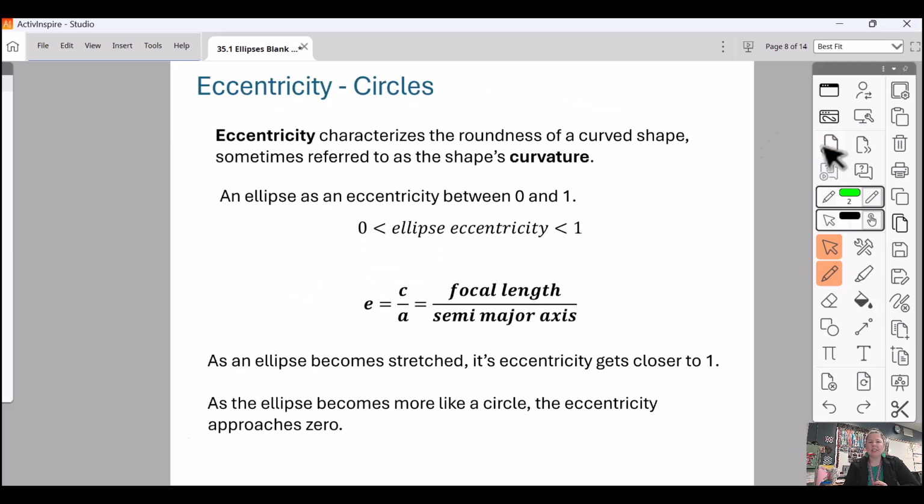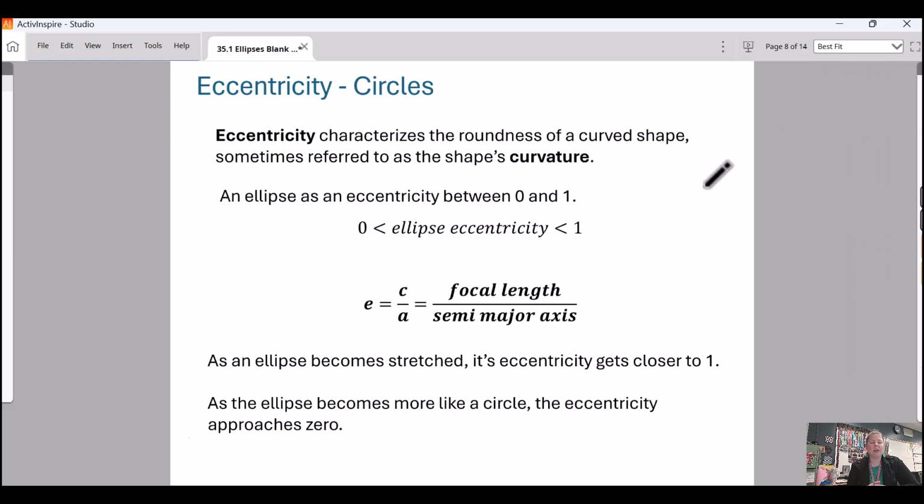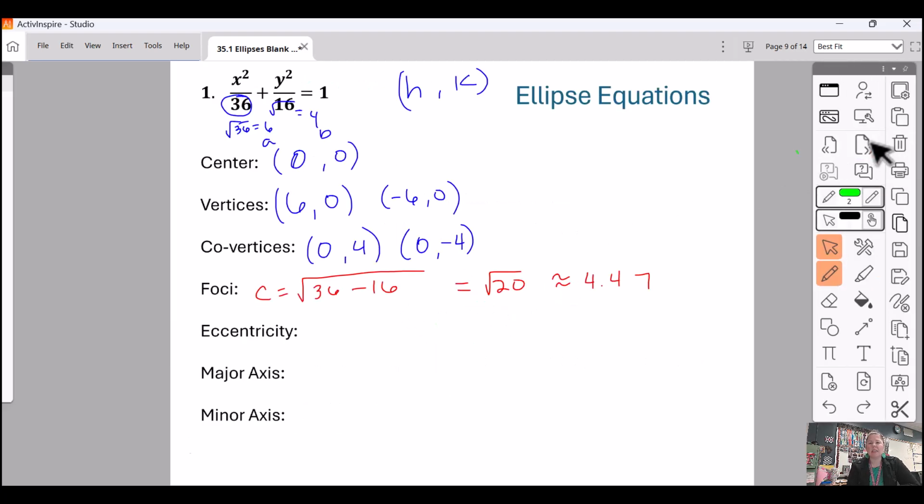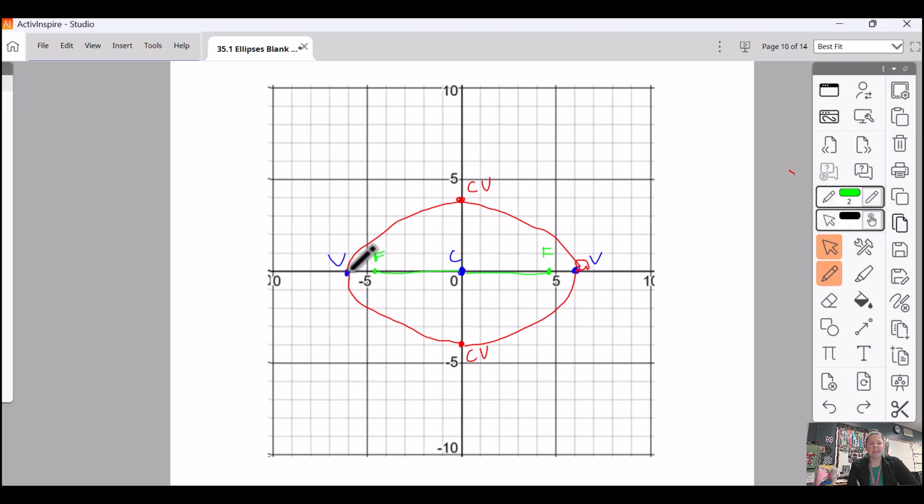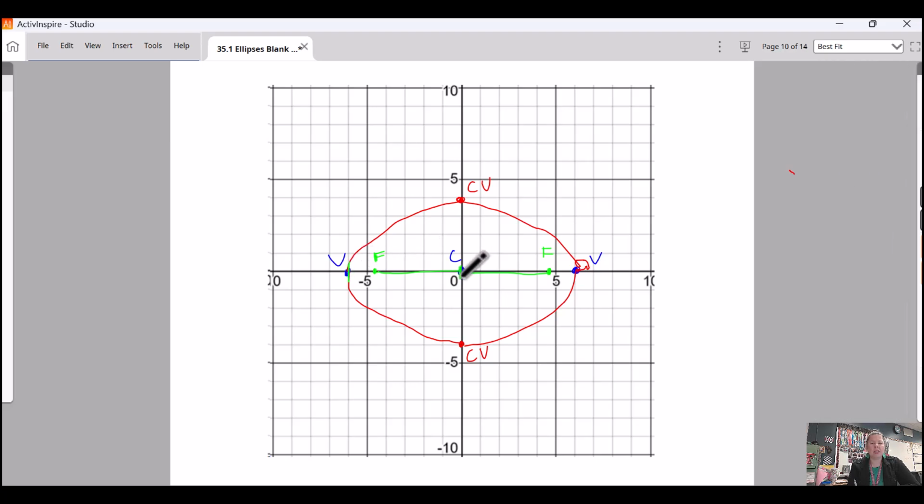Okay, let's go back to talk about eccentricity. The other day I talked about eccentricity, and it's really how circular the graph is. It's the ratio of the focal length to the semi-major axis. If we're looking at this picture, it's the relationship between this distance from the center to the vertex and the center to the focus point.